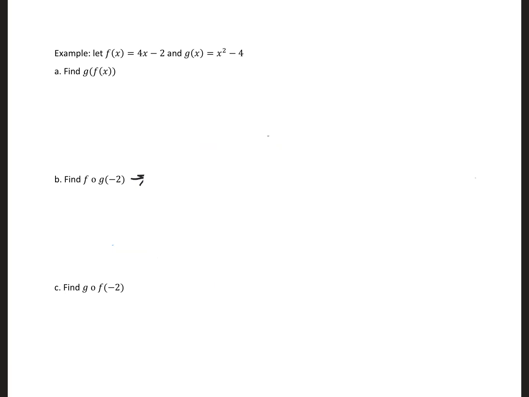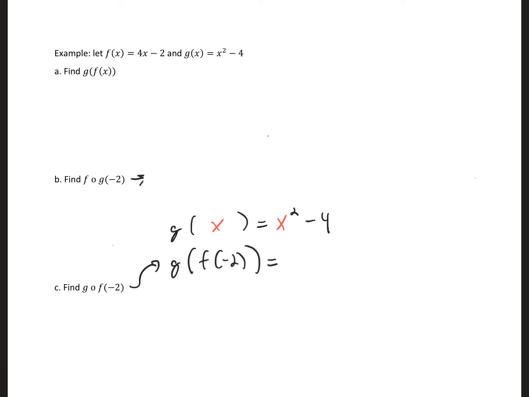Lastly, let's find g of f of negative 2, which is asking for something slightly different. This is asking for g of f of negative 2. Let's note that originally g of x equaled x squared minus 4.